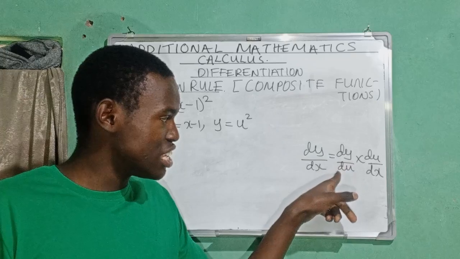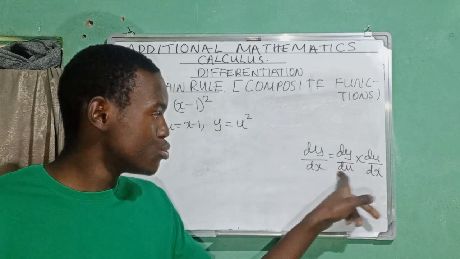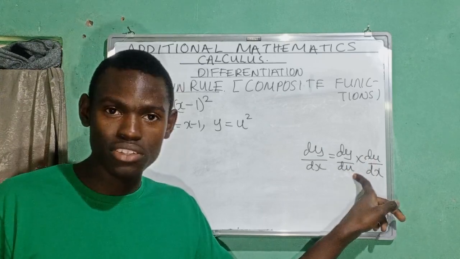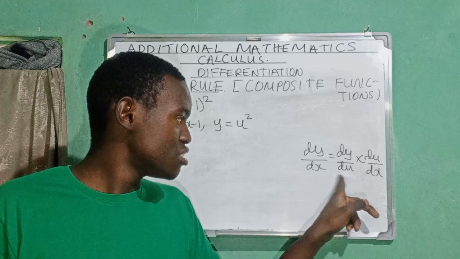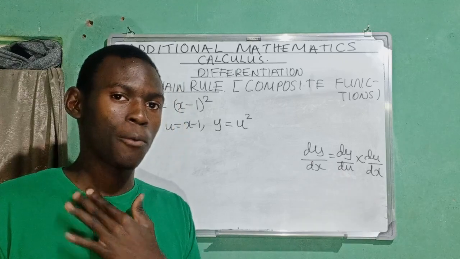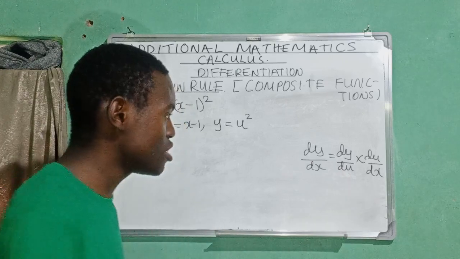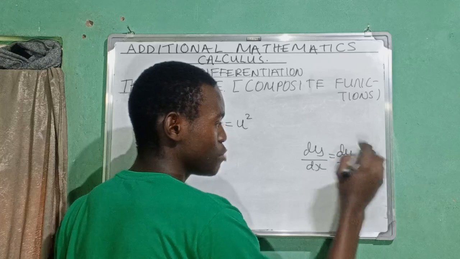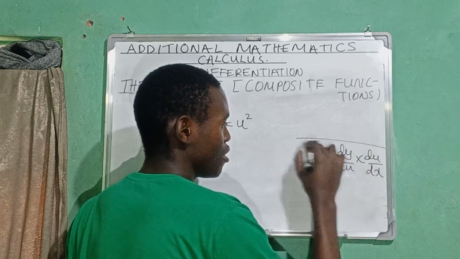dy du. So du cannot be cancelled with du because it is a derivative. We're differentiating u. We cannot cancel that out. So this is the chain rule: dy dx is equal to dy du multiplied by du dx.